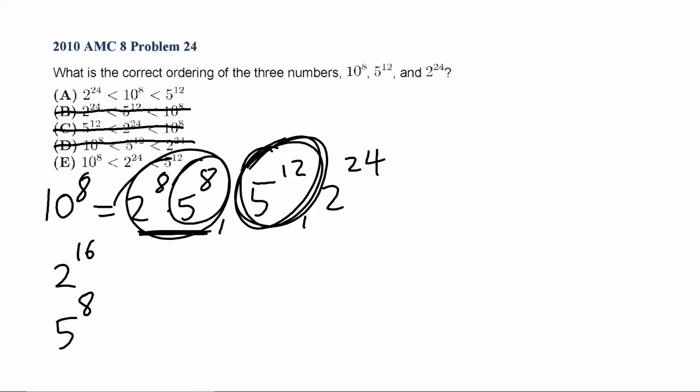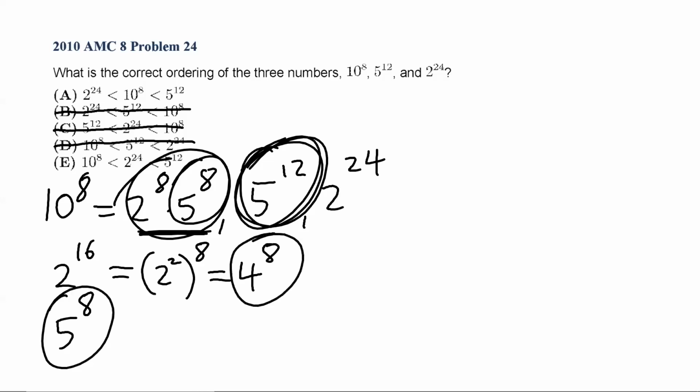But if you change 2 to the 16 and rewrite it as 2 squared to the 8 equals 4 to the 8, you'll notice that 5 to the 8 is now obviously greater than 4 to the 8, which means that 10 to the 8 is ultimately greater than 2 to the 24. So I know that might have sounded kind of confusing, but it's kind of like a seesaw.